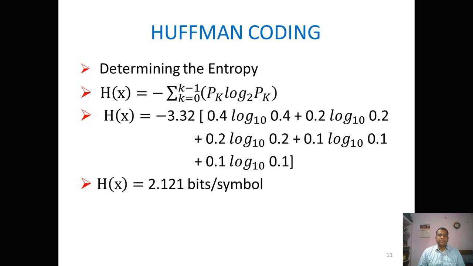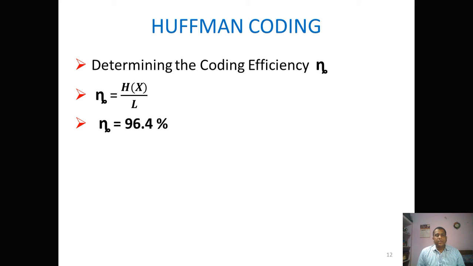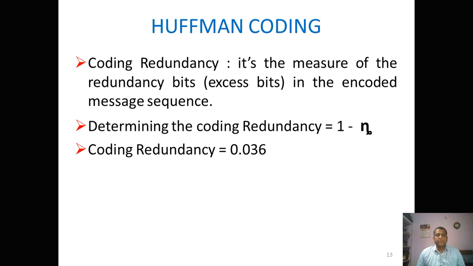Next, we will determine the coding efficiency eta. Here, the formula used is entropy divided by average code word length, H of X divided by capital L, which is 96.4%. From this value, it's easy for us to determine the coding redundancy.